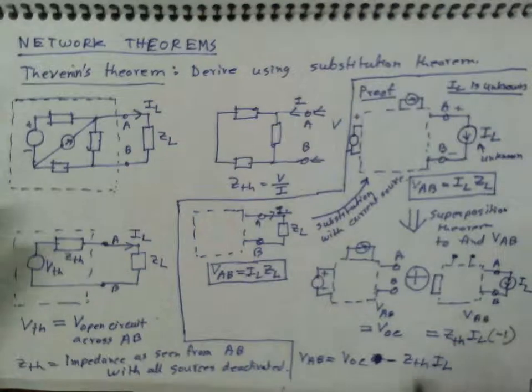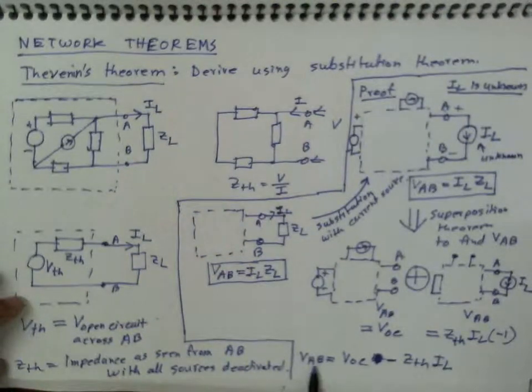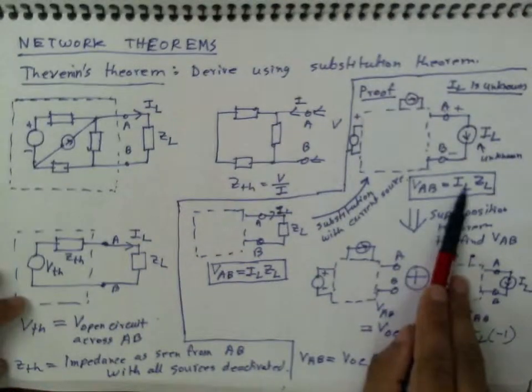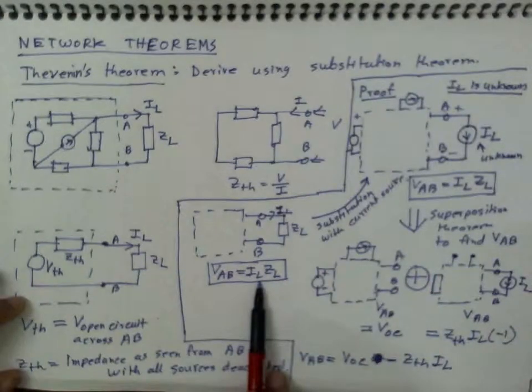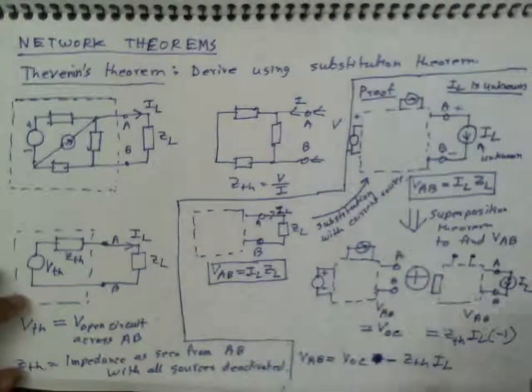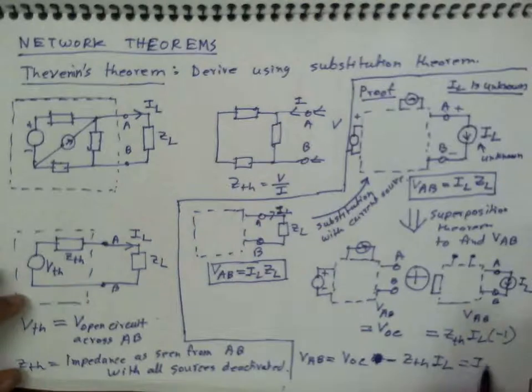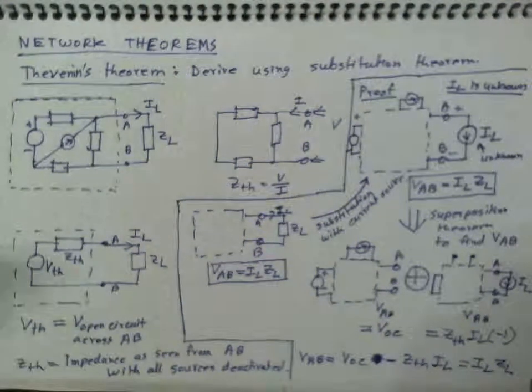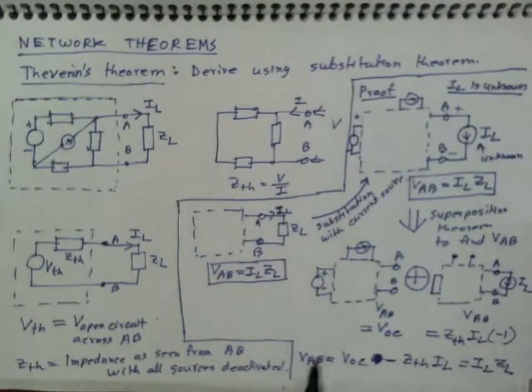But VAB should be equal to IL ZL because that's what it was here. So that means it should be equal to IL ZL. Once again, IL is the unknown. But now from this equation, we will take IL on one side and solve for it to get the unknown.